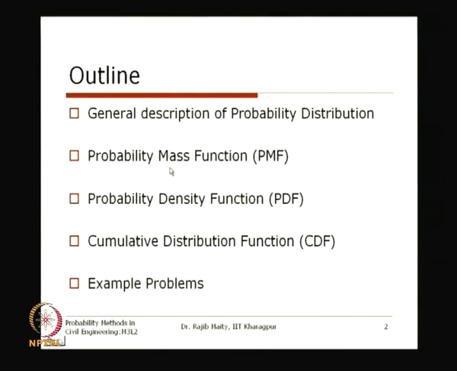The probability mass function will be discussed for the discrete random variable, and the probability density function for the continuous random variable, and their cumulative distribution, also known as the cumulative distribution function. For all these things we will see some example problems as well.